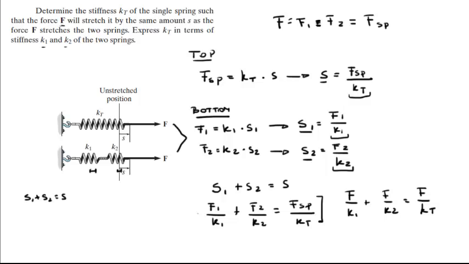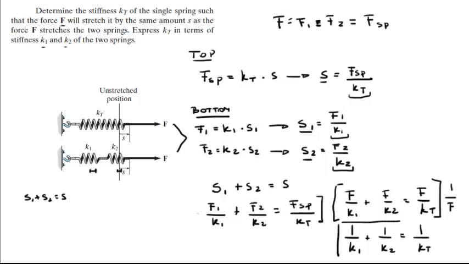If you divide both sides of the equation by F to further simplify it, because as you can see we don't need F, the final formula that you get is 1 over K1 plus 1 over K2 is equal to 1 over KT. Final answer.